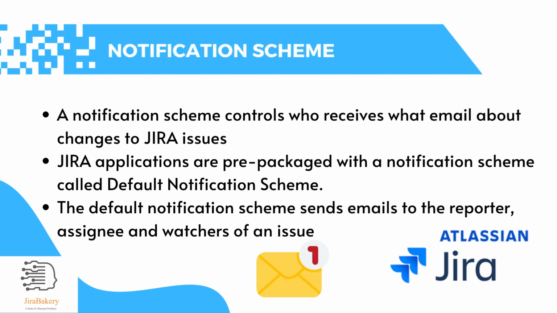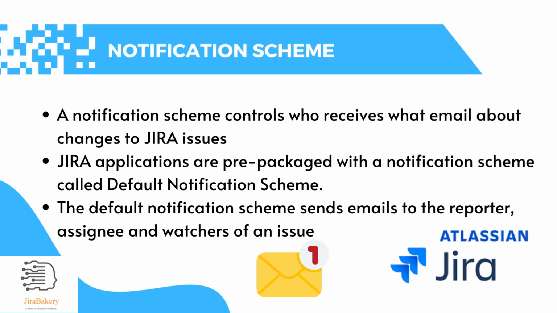And the notification scheme. This is one of the two schemes that I would like to mention at a high level as well. The notification scheme controls who receives what email about changes in a Jira issue. Fortunately, we get a pre-packed notification scheme called the default notification scheme out of the box.